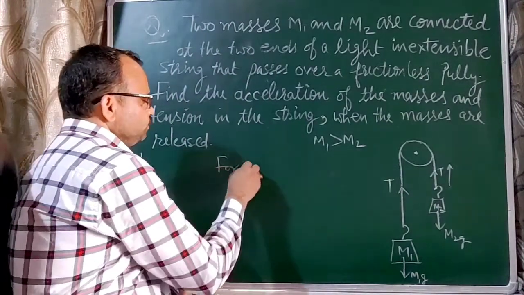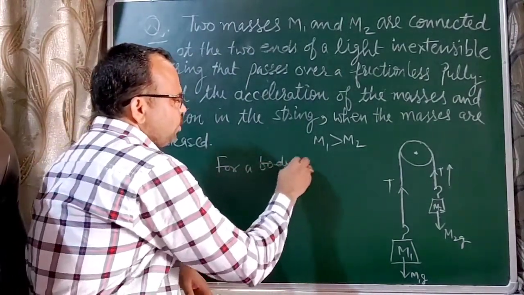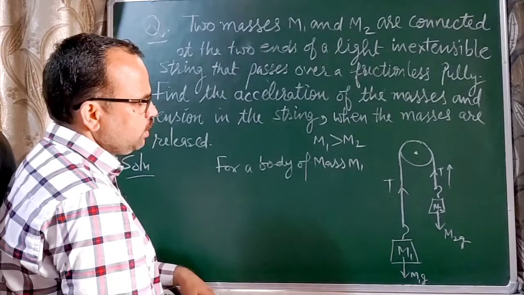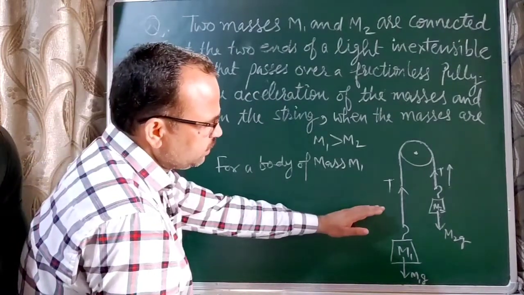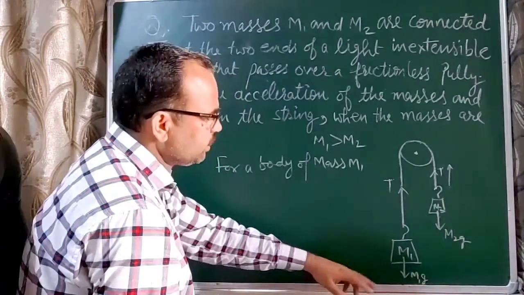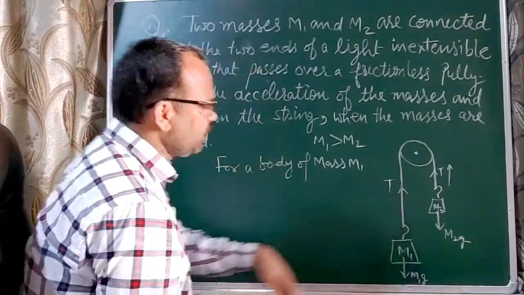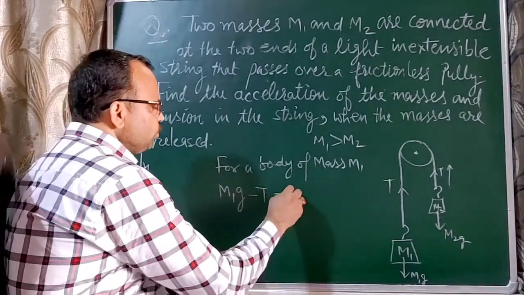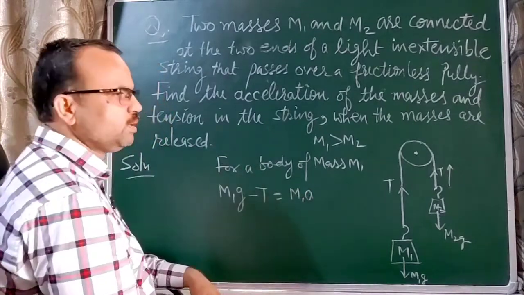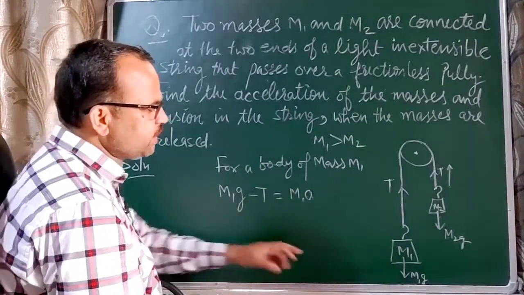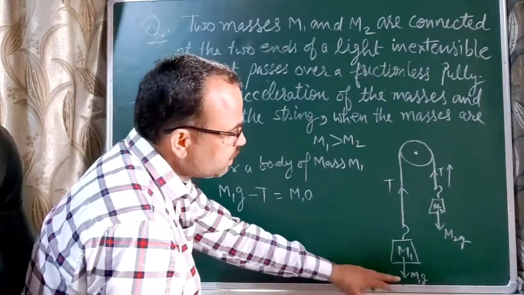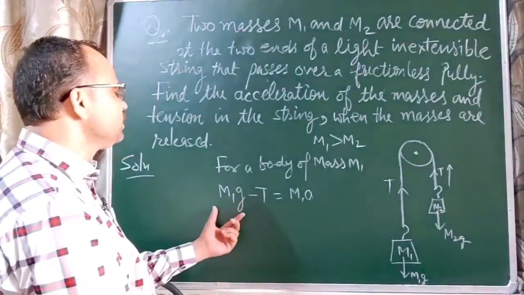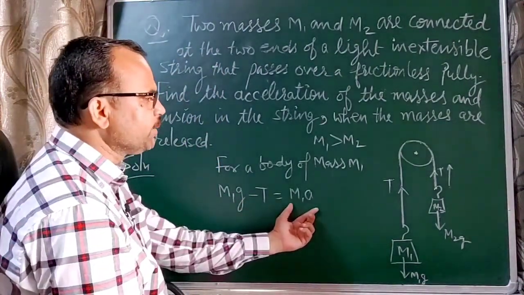So for a body of mass m1, it is clear from the figure that m1 is moving downward. It means m1g is greater than T. So the effective force will be m1g minus T is equal to m1a. Again, the body is moving downward, so the resultant of these two forces is m1g minus T equal to m1a.